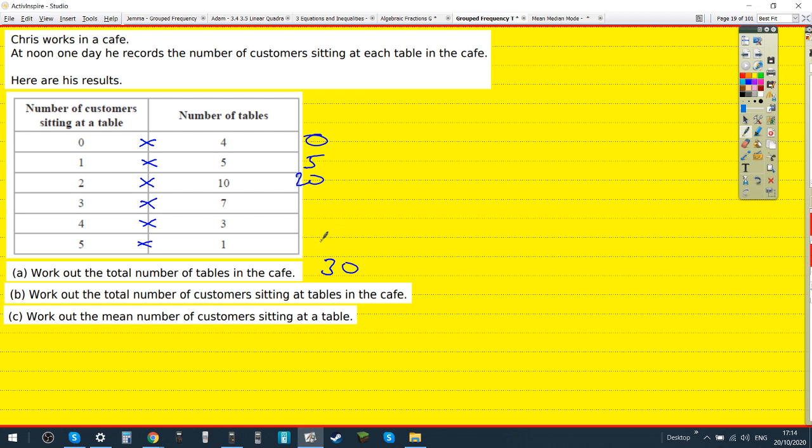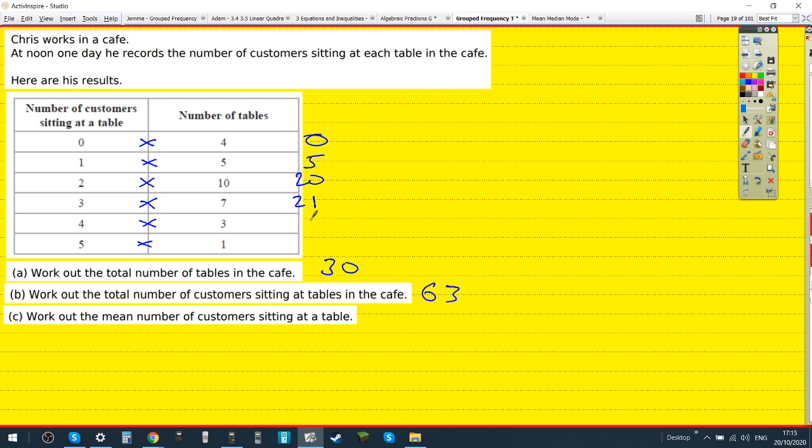So 5 plus 20. 21. So is it 63? Well done.